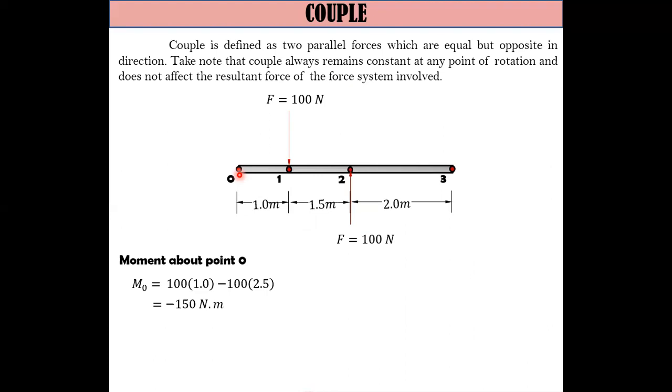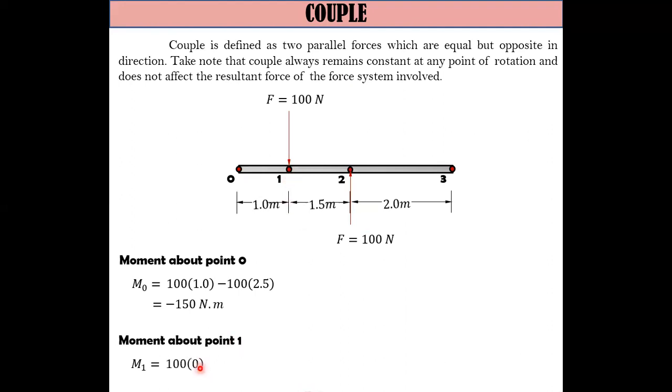Paano kung gusto kong ibahin? Let's say, this time, I want point 1 as my moment center. So let's get the moment this time. The moment generated by the force on the left side is automatically 0 because it is passing through the point of interest.